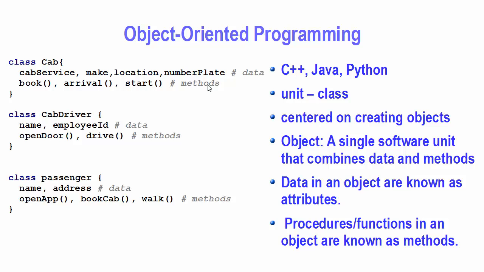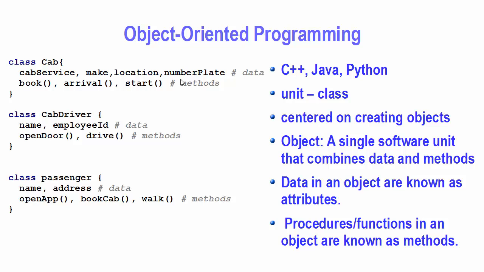And what is an object? An object is an instance of a class, and each object can have its own data and methods, and an object is able to store a state of some kind. So at which location this cab is right now is a state, and an object is able to store that state.